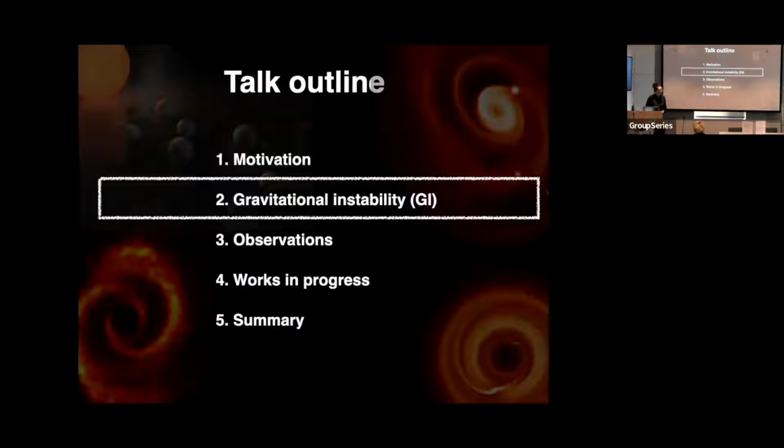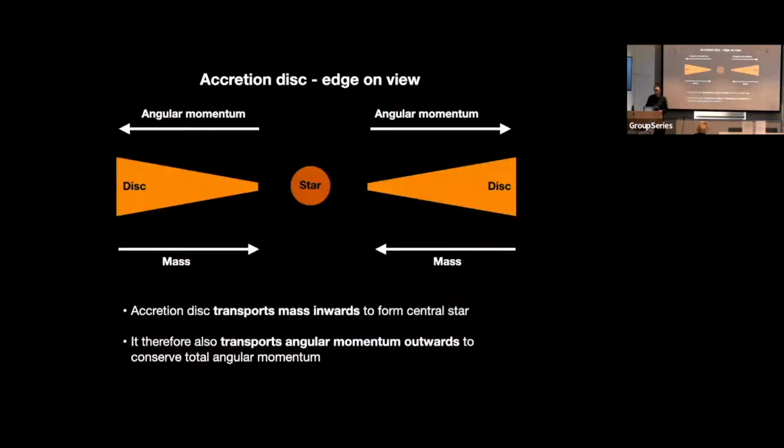Okay, so just to talk to you now a little bit more about what gravitational instability actually is. Accretion disks, as we know, are ubiquitous in astrophysics. They're found on every rung of the cosmic ladder, from active galactic nuclei all the way down to forming around exomoons. They exist because they form from a collapsing cloud that has even a small amount of velocity anisotropy.